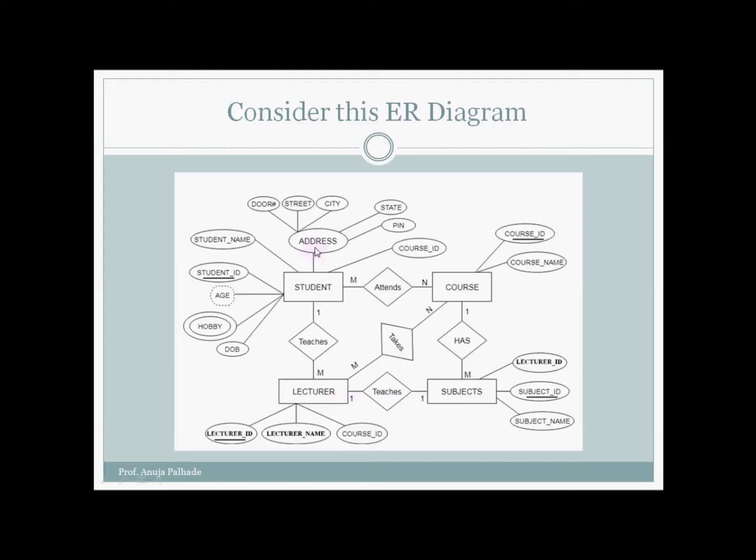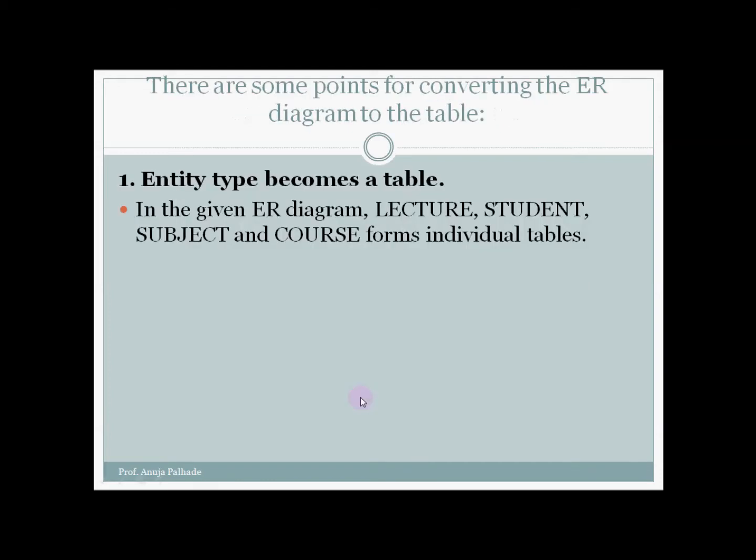Some multi-valued attributes are here, some keys are here, and all the symbols that I told you to remember are shown here. This is the derived attribute. So let's convert this ER diagram into tables, step by step.